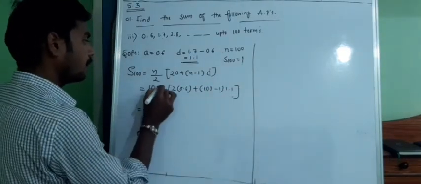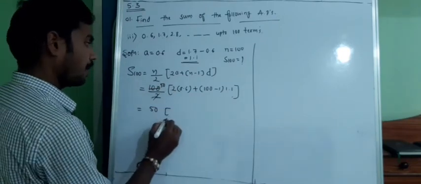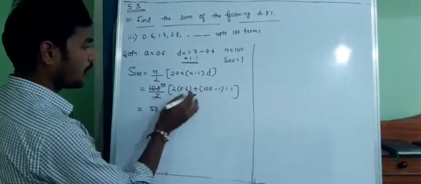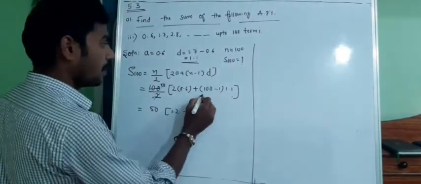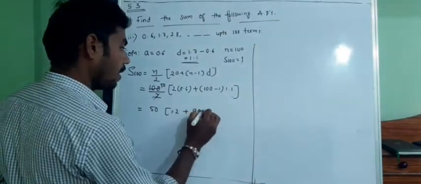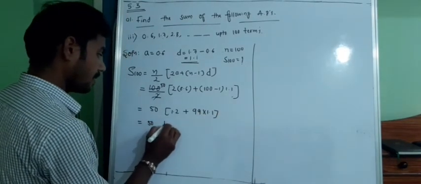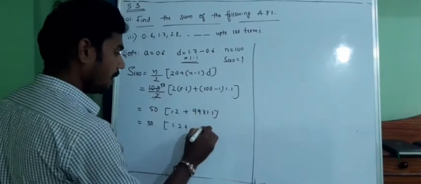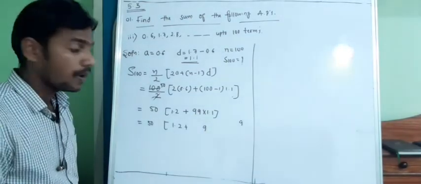Don't panic. 2 1s are 2, 2 5s are 10, so 50 into 2 into 0.6. 2 6s are 12, so 1.2. After the decimal, one digit should be there. Plus 100 minus 1 is nothing but 99. 99 into 1.1. Now write 50 as it is. 1.2 plus 99 ones are 99. Carry 9. 99 ones are 99 plus 9, 108.